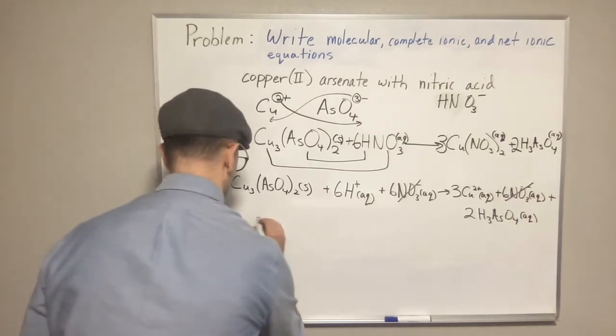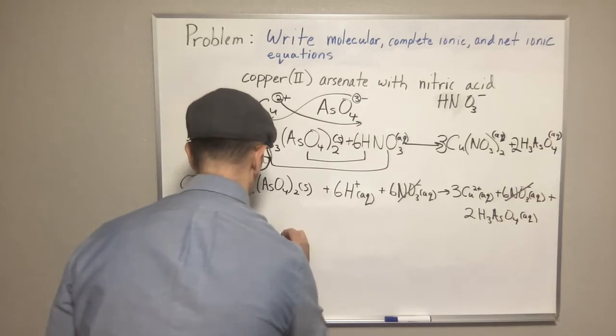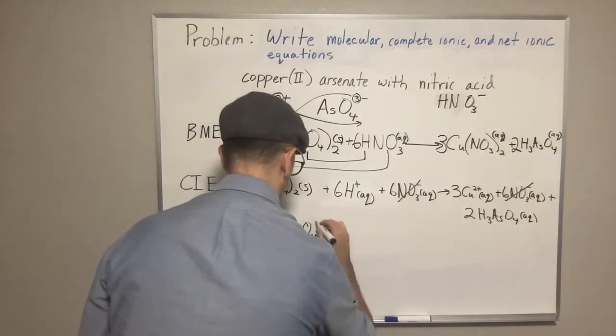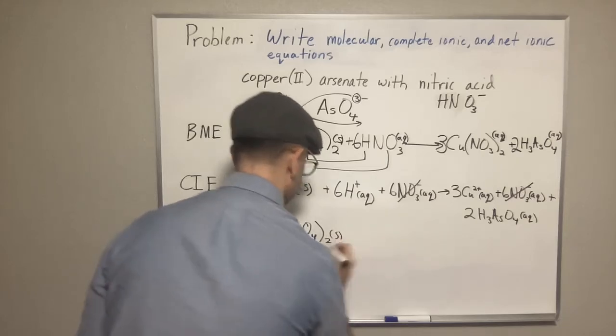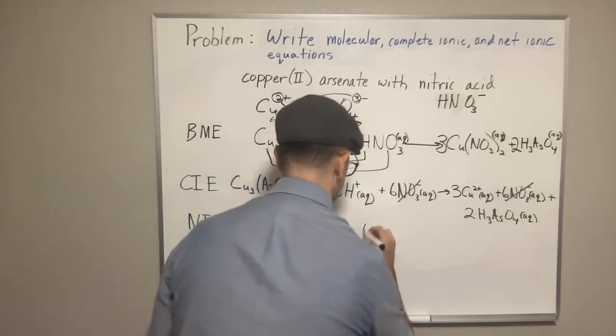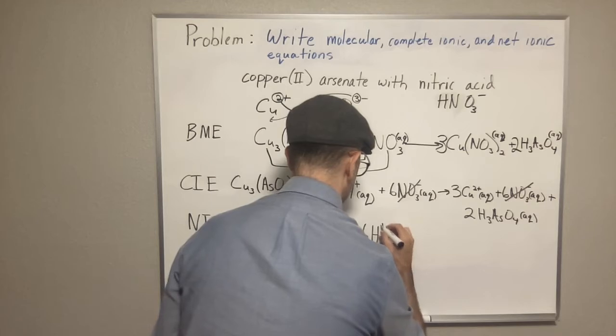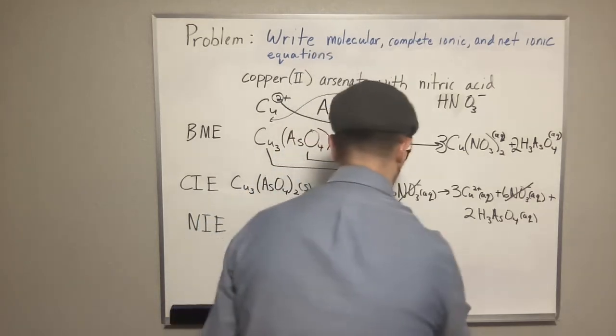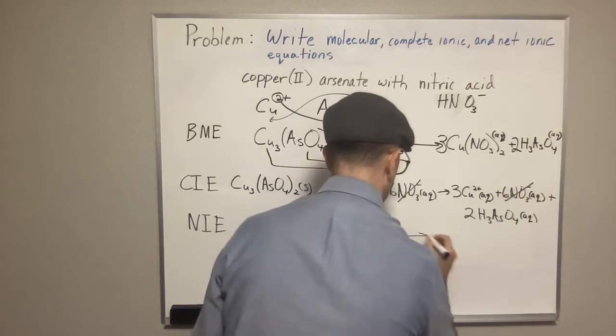So here we have Cu3(AsO4)2 solid plus 6 H plus aqueous. And then that's going to go to the product.